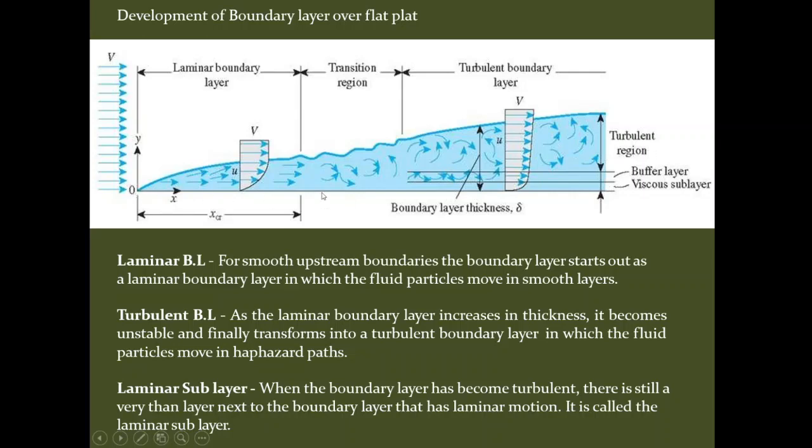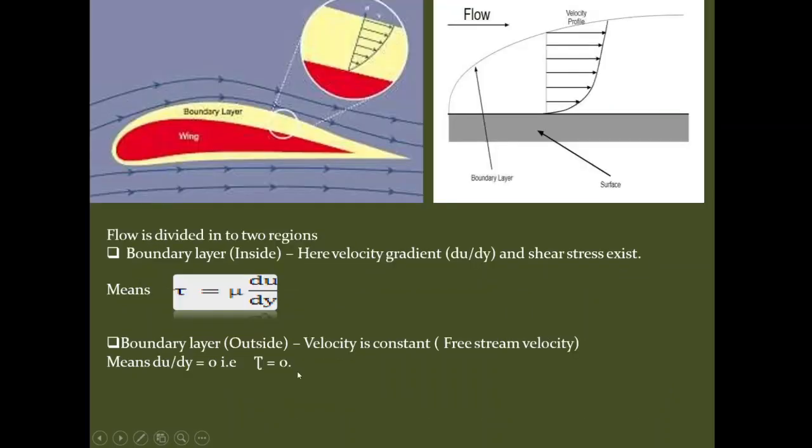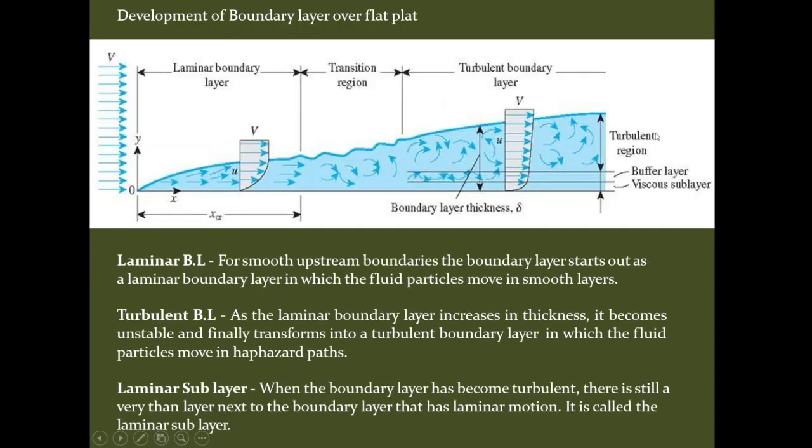Assume that this line represents a flat plate, like you can see here. This is a flat plate. The fluid with velocity v is flowing over this smooth thin plate which is flat and placed parallel to the direction of the free stream of the fluid. You can see in this figure.